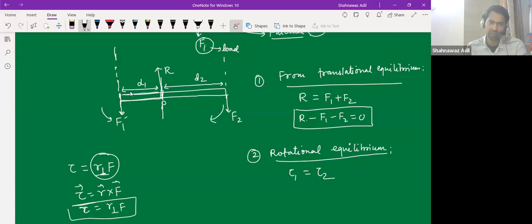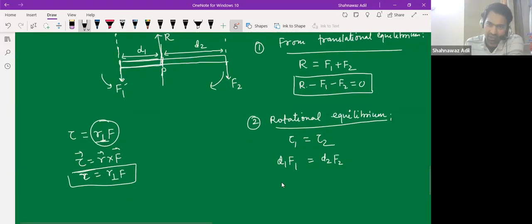So this is the perpendicular distance D1, so D1 and F1. Similarly, this is D2 and F2. So if we take this on this side, this is D1 F1 minus D2 F2, which is equal to 0.